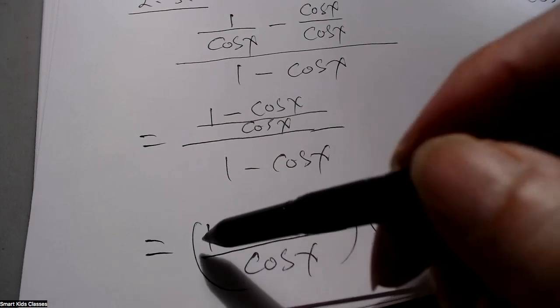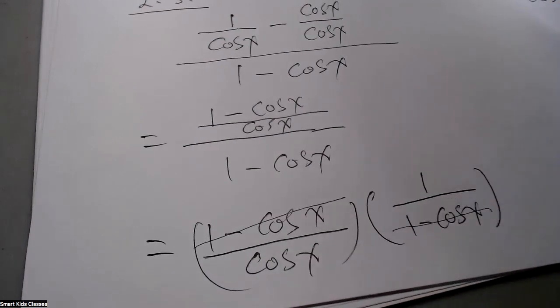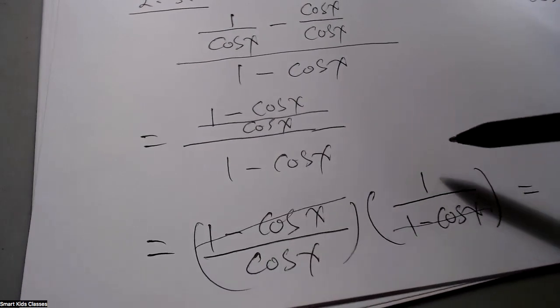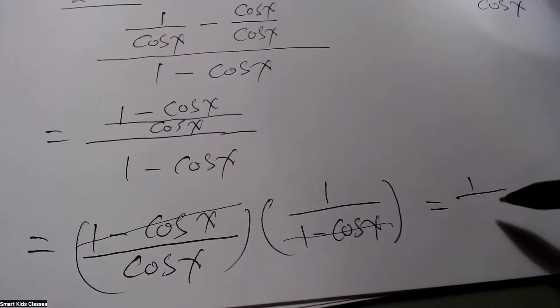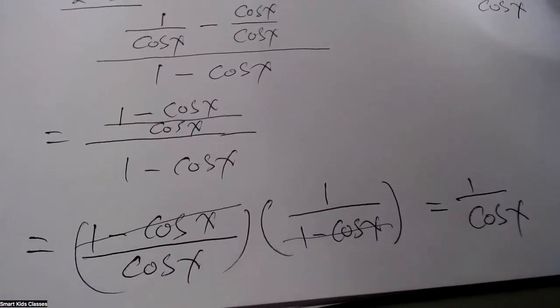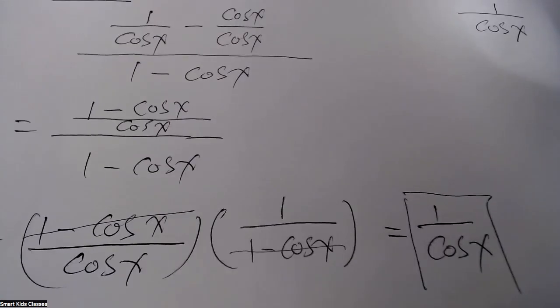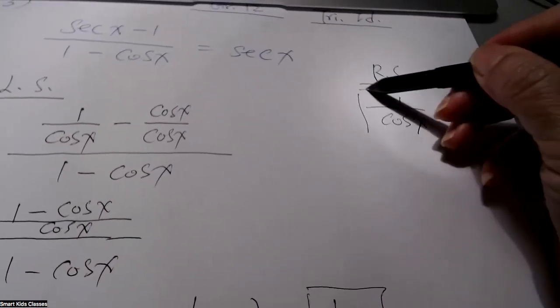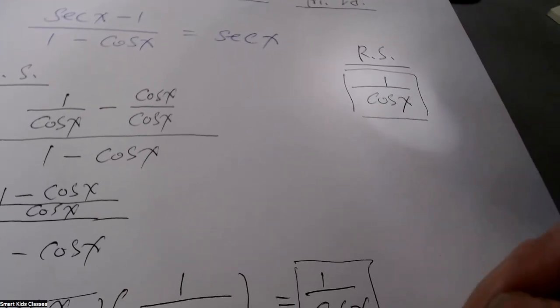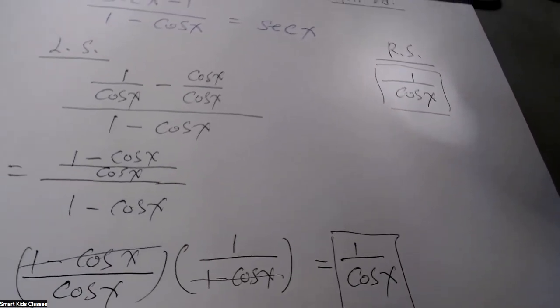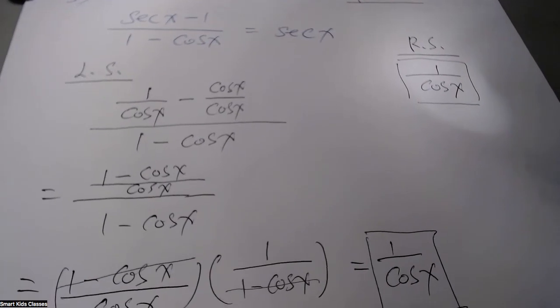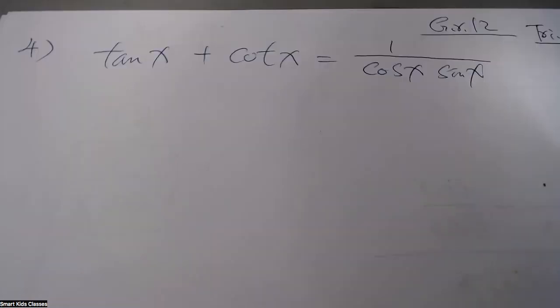Now from here, we can cancel the like term. So whatever is left will be 1 over cosine x. That's the left side. Now we got left side equal right side. Wow, great. So cool.